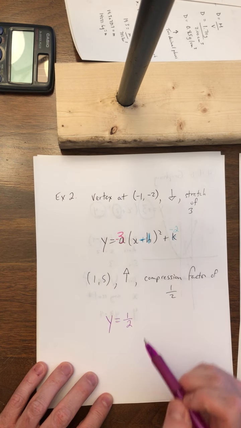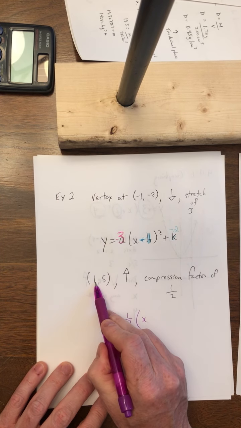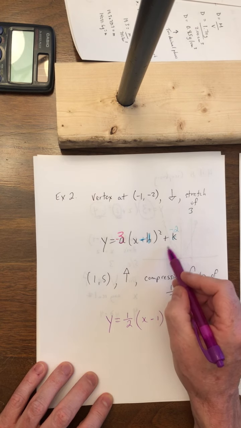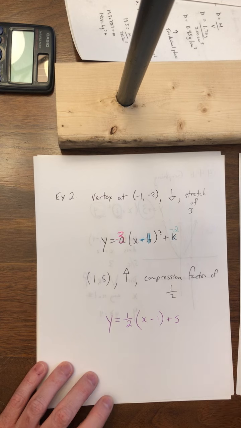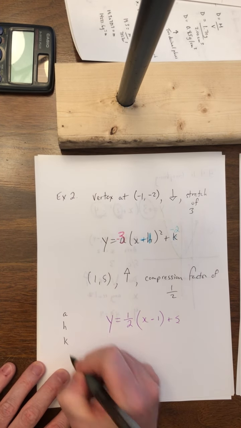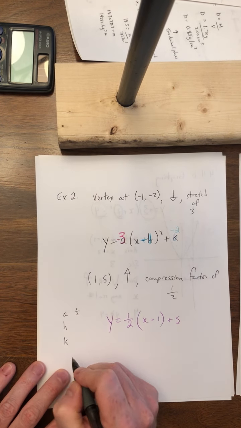It's going to be a positive a because we're opening upwards. Our h is 1, so that's going to be a negative 1. And our k value is 5. If it helps you out, you can, at the side, come up with this information ahead of time.